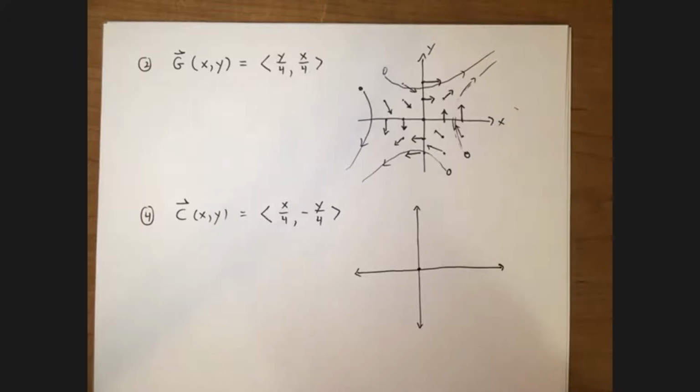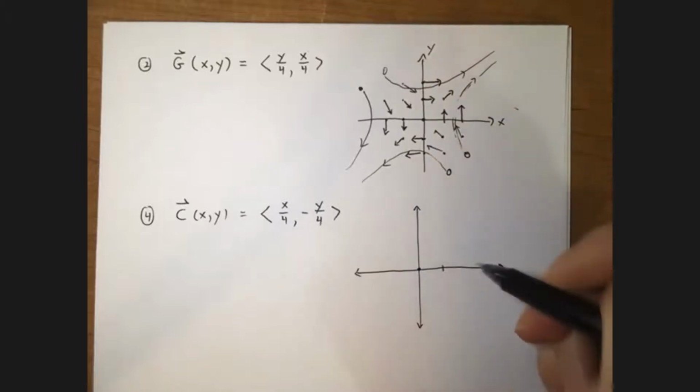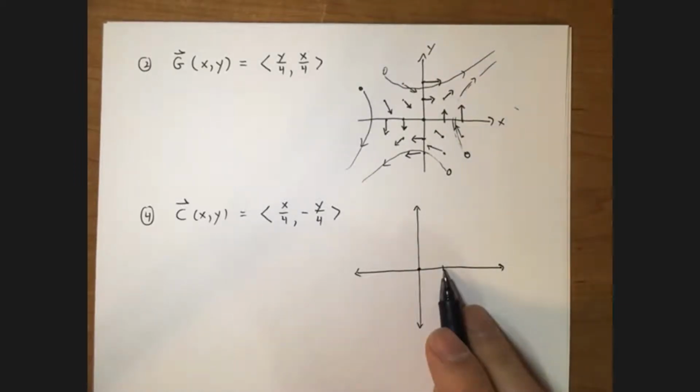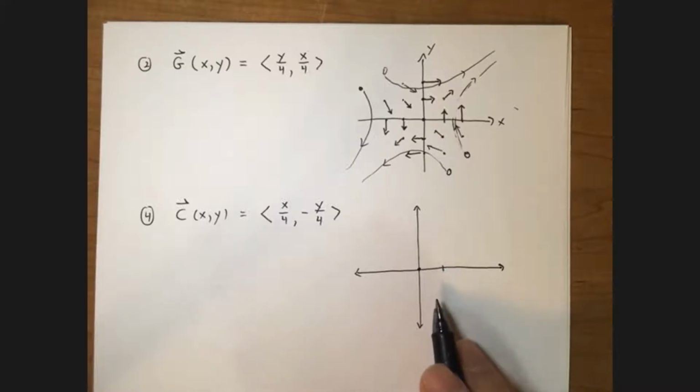If I take the point at the origin, now x is 0, y is 0, okay, I get the 0 vector. Okay, nothing to plot there. What about the point 1, 0? X is 1, y is 0. Well, here, oh, I got the wrong function. I'm sorry.